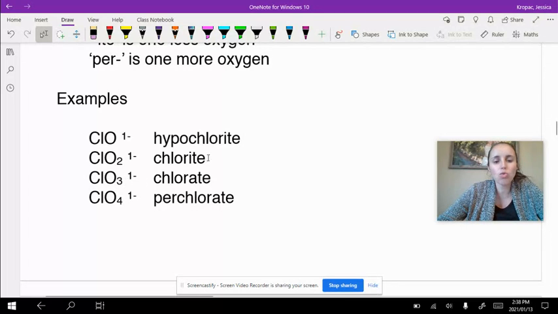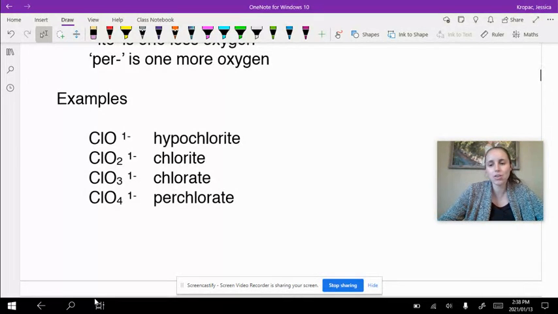One less, chlorite, is ClO2. Two less, hypochlorite. We want to look at two less than the base. Well, what's two less than 3? 1. So hypochlorite is only going to have one oxygen, whereas perchlorate is going to be one more than the base. What's more than 3? 4.